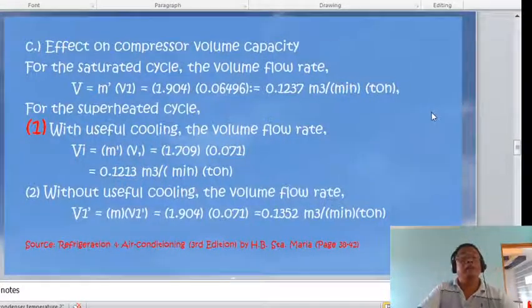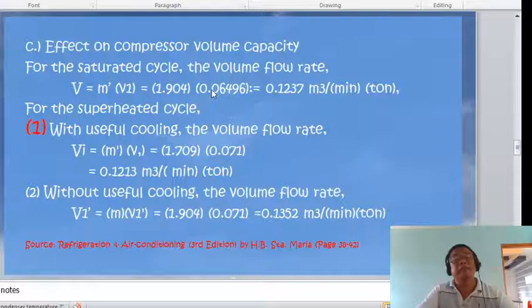Next, effect on compressor volume capacity. For the saturated cycle, the volume flow rate originally is 0.1904 times 0.6496, so that is 0.1237 cubic meter per minute per ton.